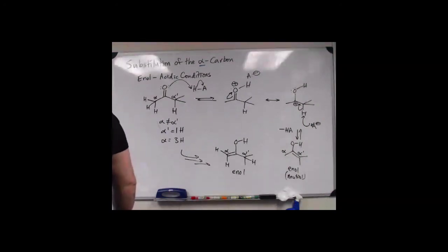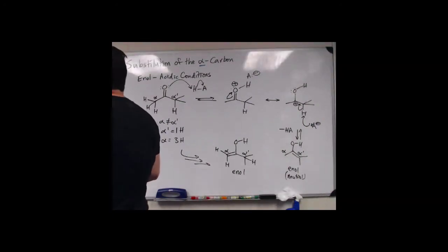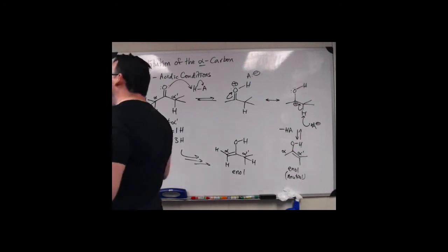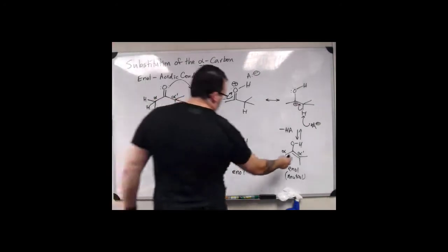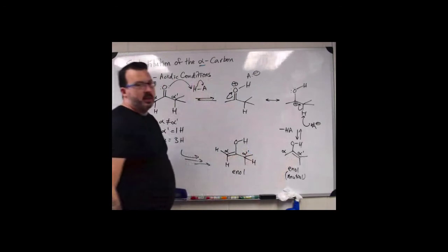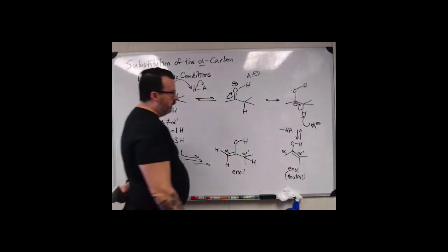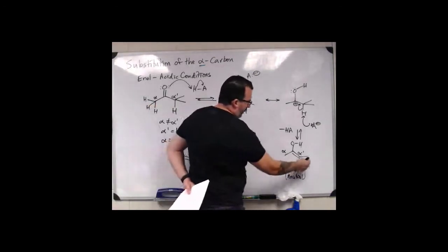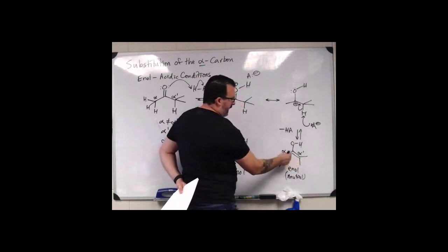So Ireland put in her chat response here: the first one that we drew. This is the most stable because it's the most substituted. Again, if we're counting, we have 1, 2, 3, and if we count the OH, that's 4 substituents.